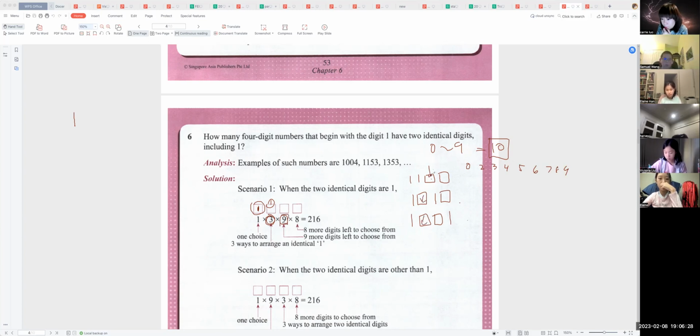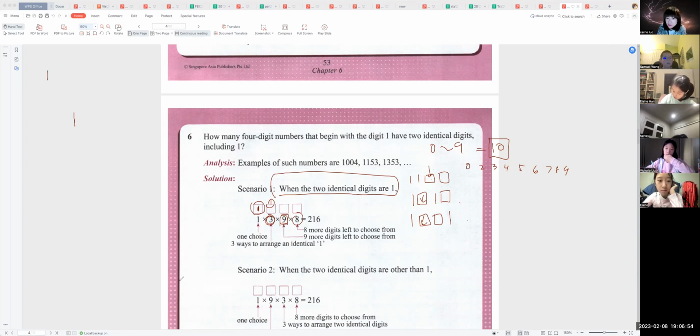And because one of the numbers has been used, the second last blank could be whatever has left minus this number, so it's 8. So it's 216 ways to arrange if two identical digits are 1. Understand? Okay, so we need to put them into different layers, okay? So this is the first scenario.